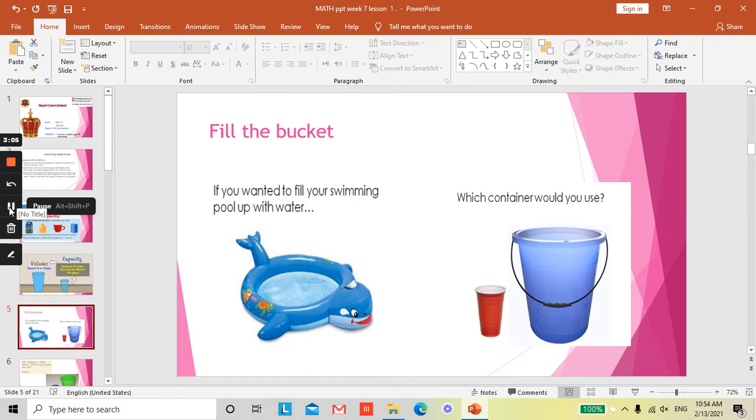We think we will use the blue container because the blue bucket holds a lot more than the red cup, so you won't need as many buckets full to fill because it holds more water than the red container. This will make our swimming pool fill up quick. So let's move to the next.